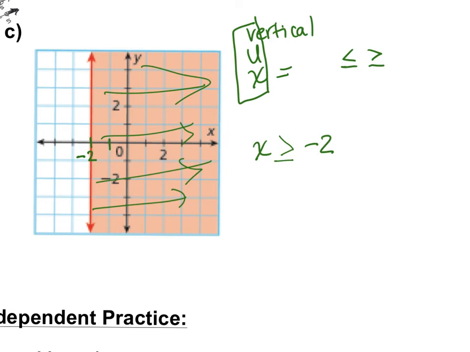Just as a quick reminder, if I had had an inequality that was a horizontal line, and it was dashed, and it was shaded below the line, then my inequality would be a y. Remember VUX HOY.